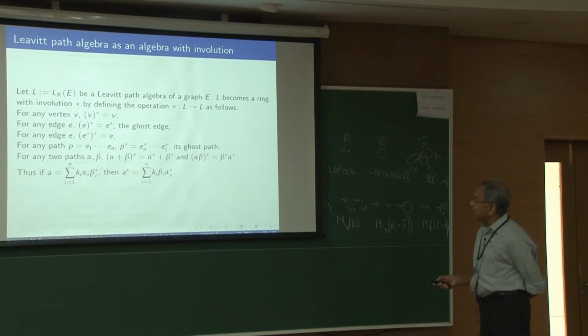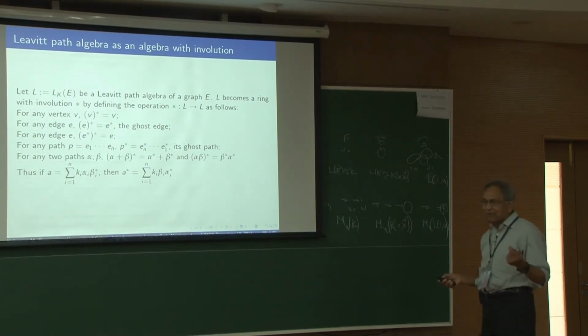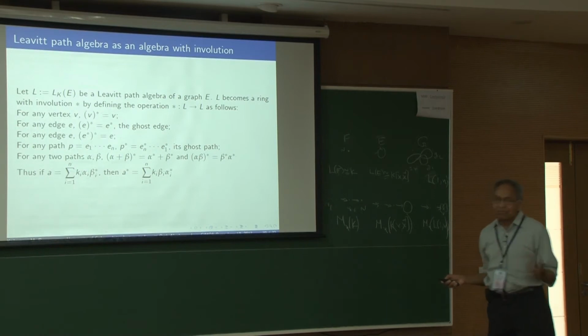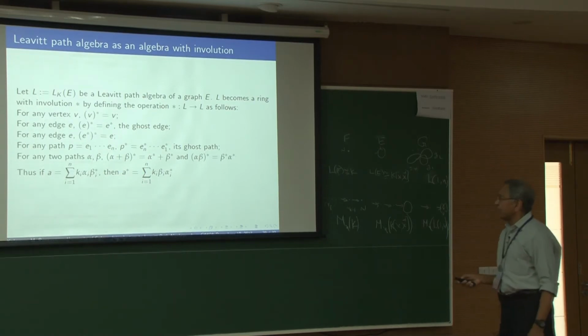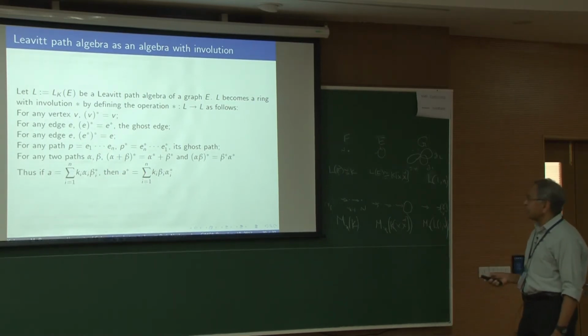And given any path p equal to e1 through en, then p star would be en star through e1 star. So p star is simply, we are using the star for a ghost path and also for the involution. Fortunately, they both agree. And given any two paths alpha and beta, alpha plus beta star is simply alpha star plus beta star.